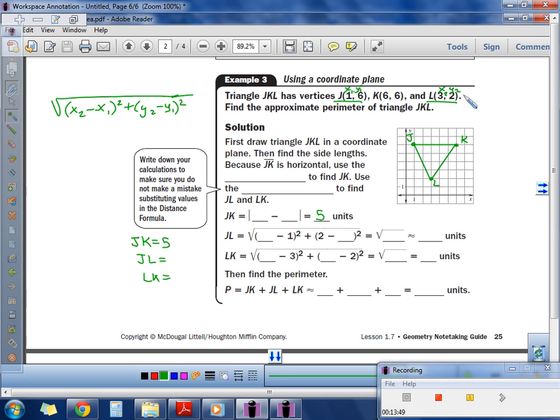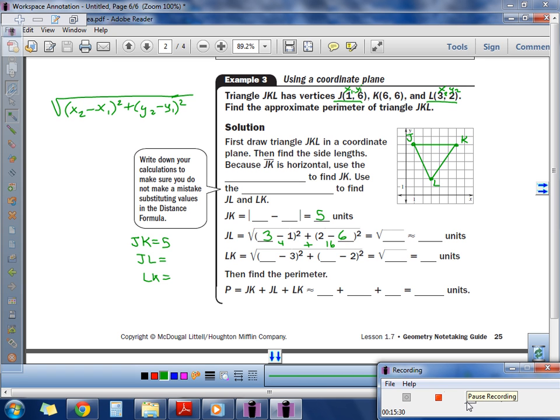I need to plug those into my formula. When I do that, I should get 3 minus 1, and we can fill in the blanks. The other part is going to be 2 minus what? 6. So once again, they do a lot of shortcuts here. Let's see if you can calculate that, and then we'll go.